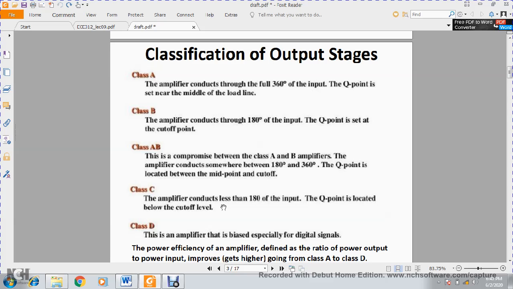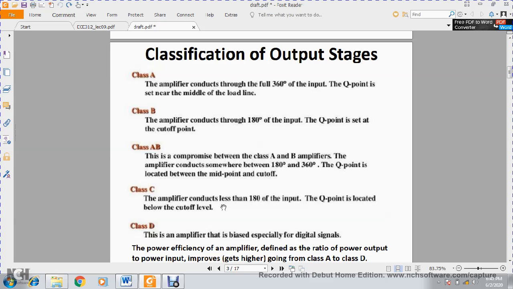This classification is made based on the position of the quiescent point or operating point on the DC load line, that is, where exactly we are going to place the Q point on the DC load line for amplification.